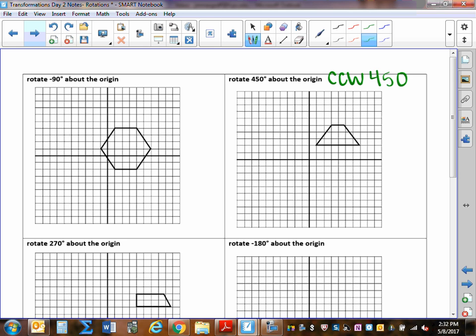Now this first one, where it says rotate negative 90 degrees about the origin, which way do you think that's going to be? Clockwise. Okay, so if it doesn't specify, go counterclockwise. That negative means you're going to go opposite. So since it doesn't specify, counterclockwise would be normal. Negative means we go the other way, so clockwise.